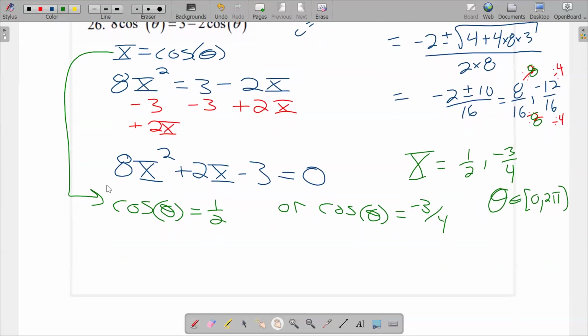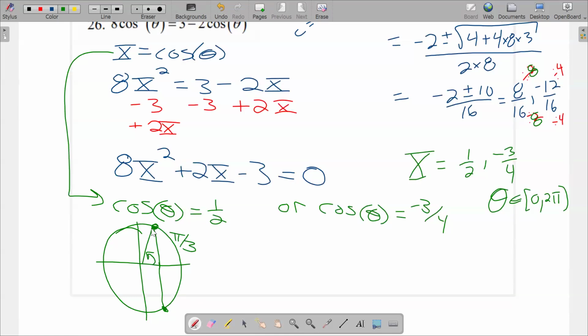Special angle. So yeah, the first one looks like it's going to be a special angle. So cosine on the unit circle is an x value, so x equals 1/2 is going to lead to this point here, or this point here. And the special angle for this first one is going to be pi over 3 to get there.